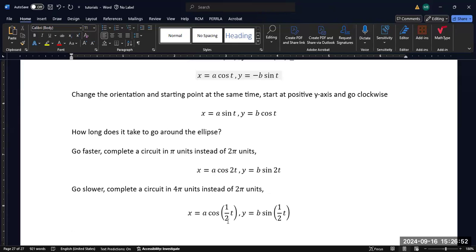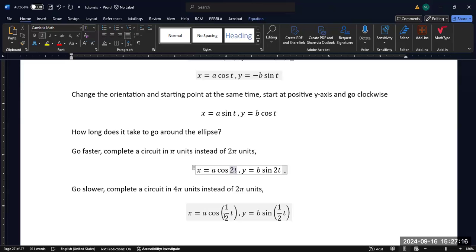So when you see a problem that tells you to do the ellipse in an interval of 0 to pi, or 0 to 4 pi, something other than 0 to 2 pi, you're going to need to scale your t parameter so that it goes faster or slower in order to complete the circuit in that interval.